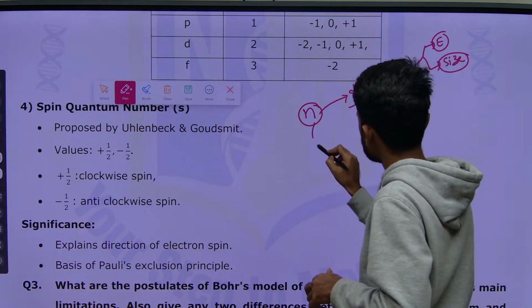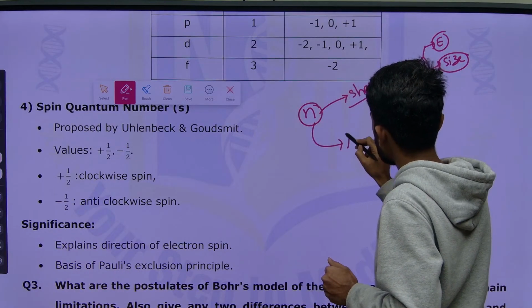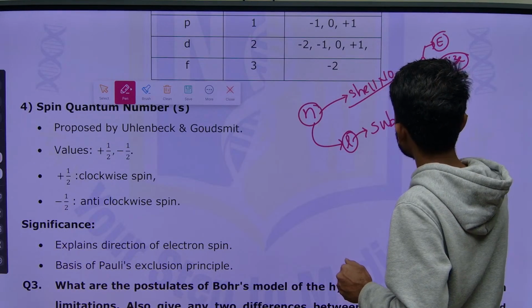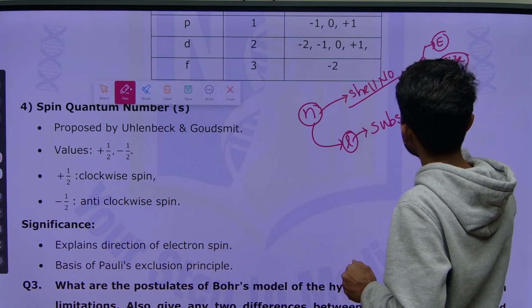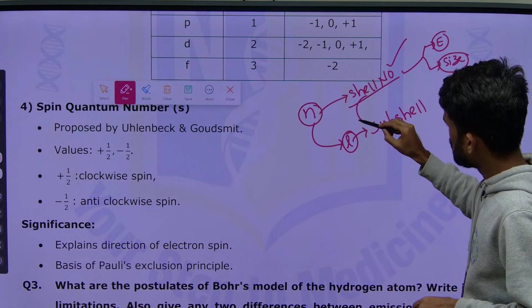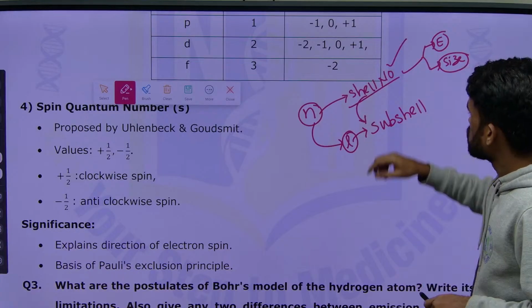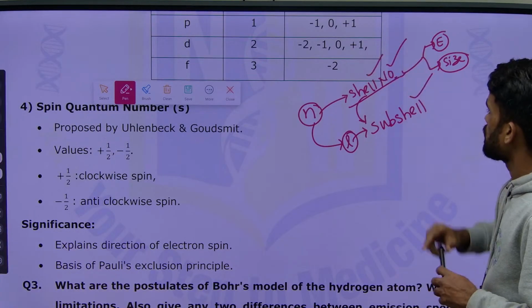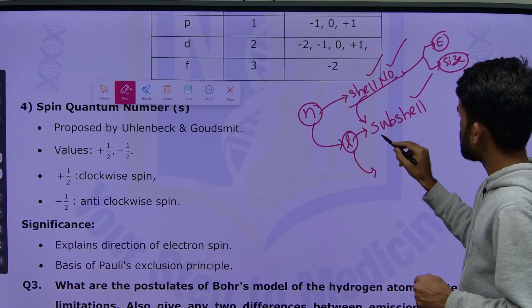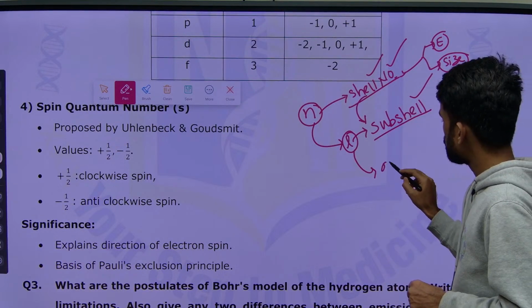Next, we have the subshell, indicated with the symbol L. The azimuthal quantum number gives information about the subshell. It is something like knowing your state, then knowing your district. So first the shell number, next the subshell. After this we have the orientation of these subshells.